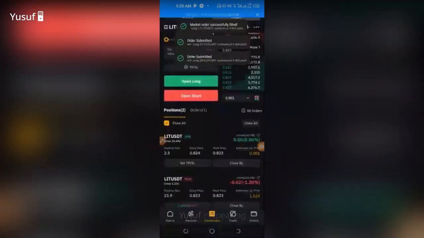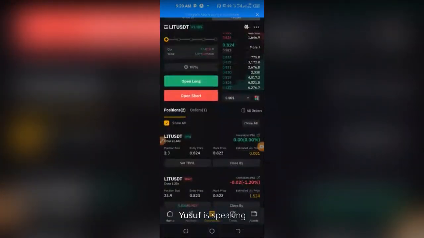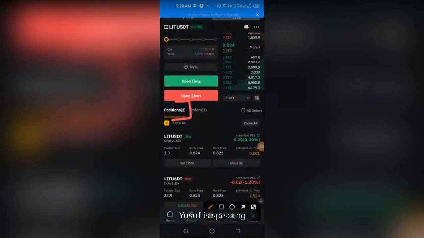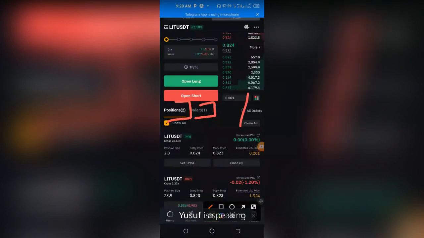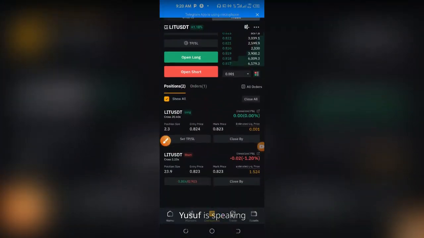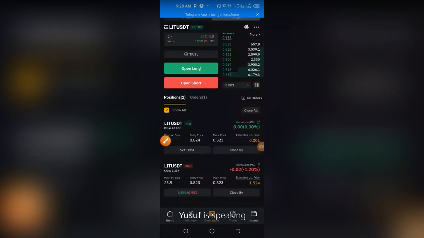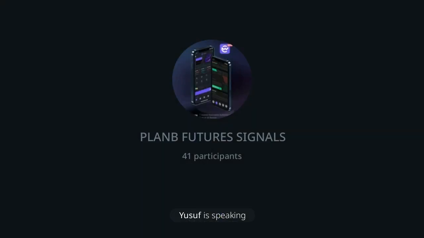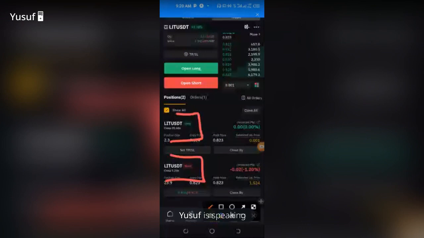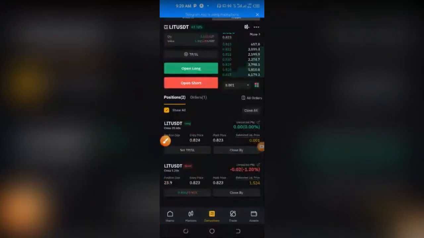Look at it now. Because it is a market or instant order, it is under position, not under order. The order has not triggered yet. So these are the two trades I am doing. This is LIT, and this is also LIT. I'm trading the same coin in two different positions.